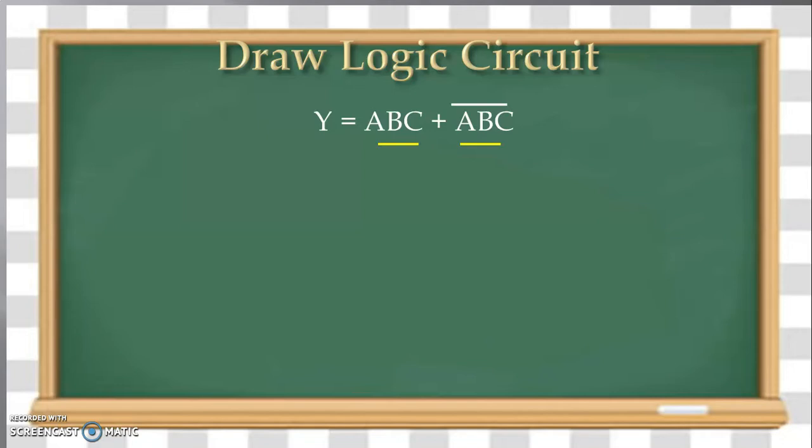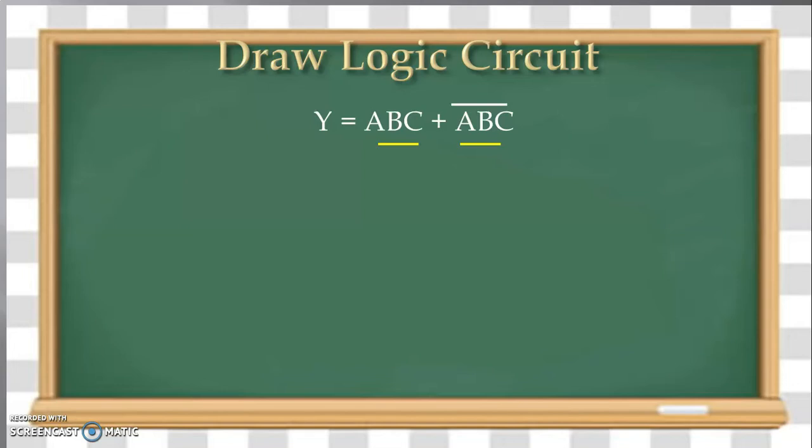Again the given Boolean equation is a sum of products. So we have a sum, abc plus abc bar, both connected with the plus sign, and abc is a product, and a dot b dot c bar is also a product. So this form is known as a sum of products.